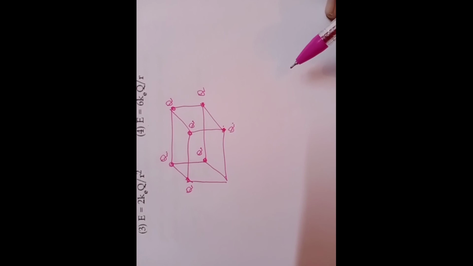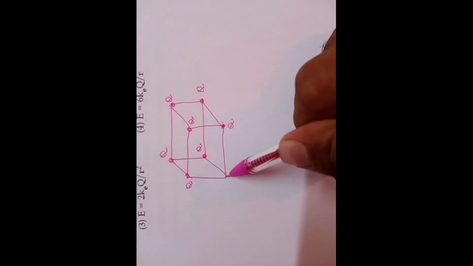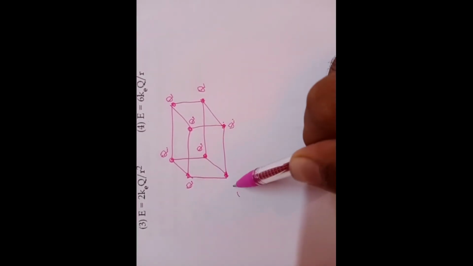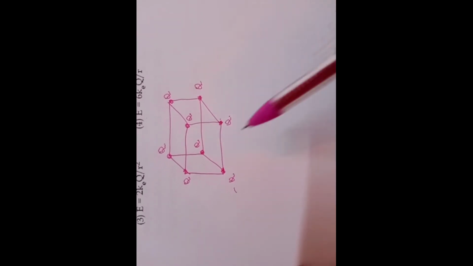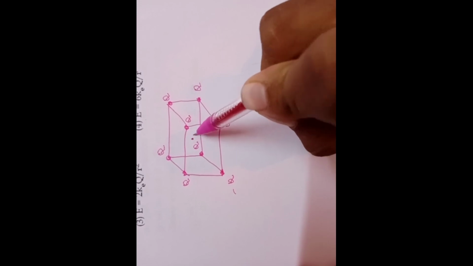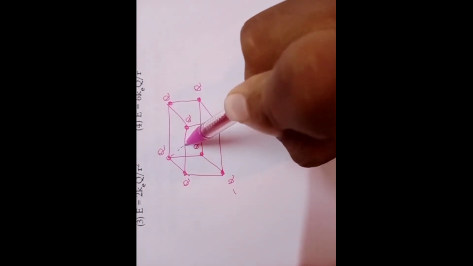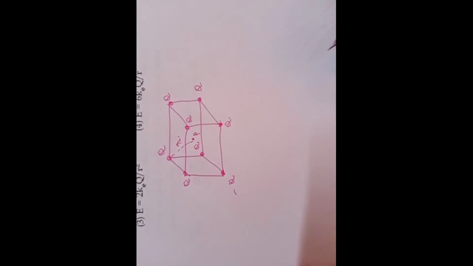At 8th corner minus q is placed. Then what is the net field at the center if this distance is r?